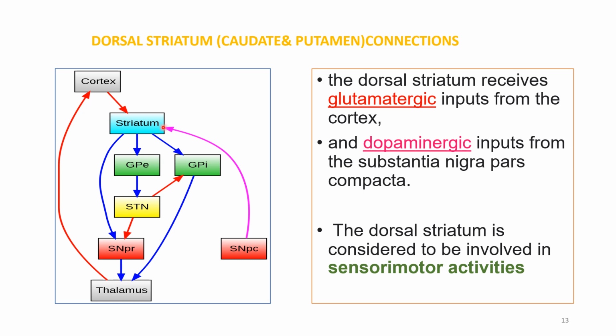So it receives two inputs: from the cortex, glutamate, and from the pars compacta, dopamine. The dorsal striatum is considered to be involved in sensory motor activities.